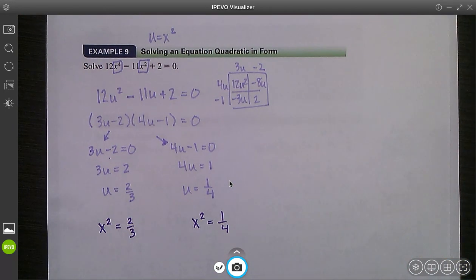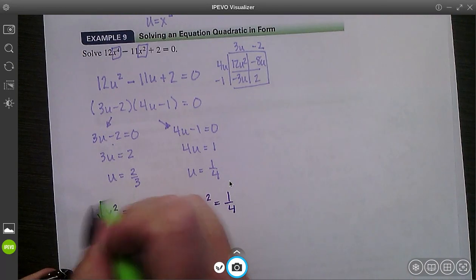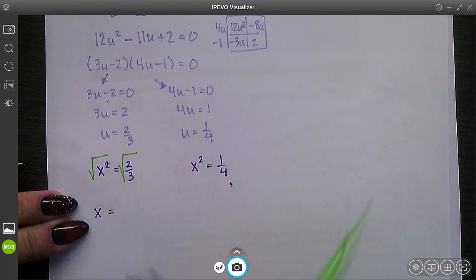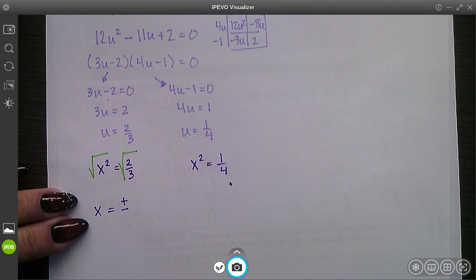And then I have to solve each of those teeny tiny equations, which are best solved by square root method. So I will take the square root of both sides, which on the left side gives me x. On the right side, it gives me plus or minus, because I took the square root of both sides.